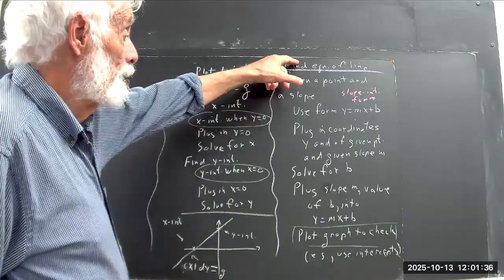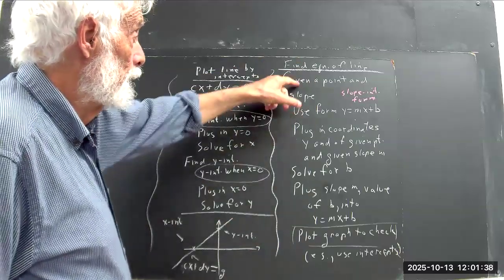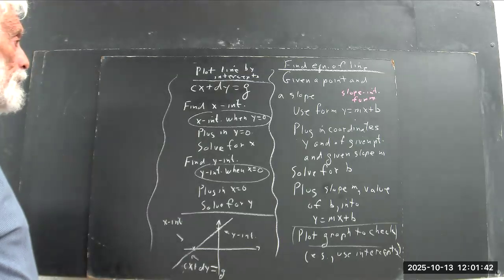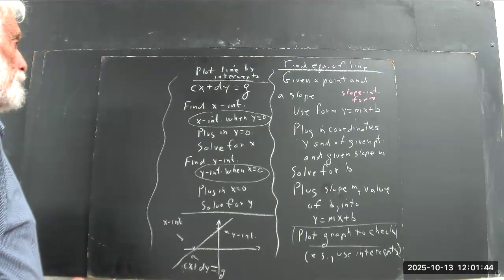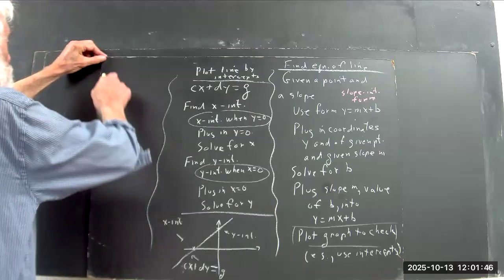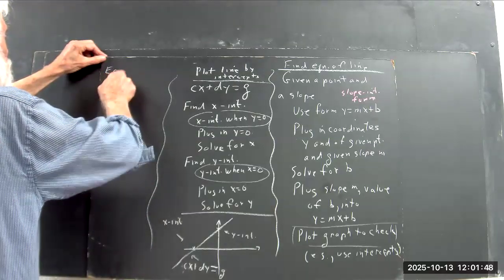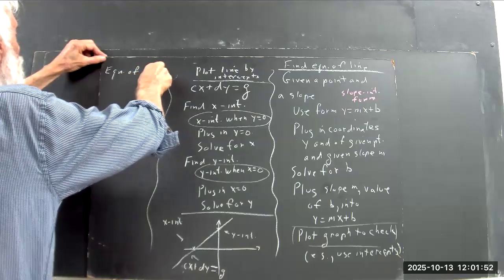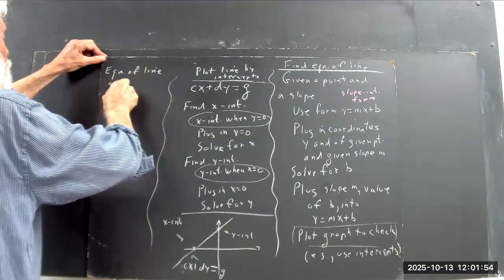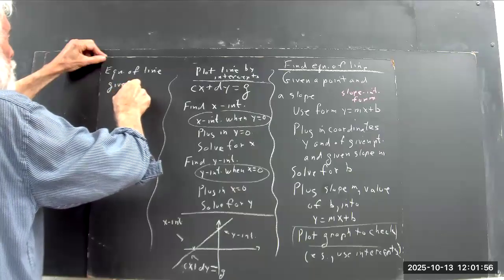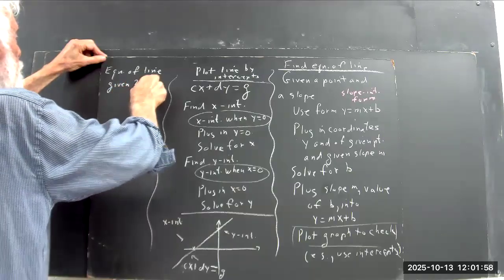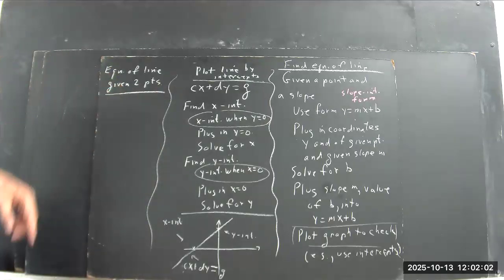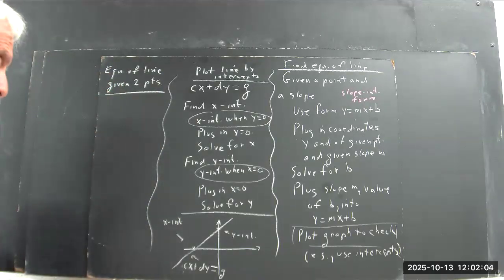Okay. Next, find the equation of a line given a point and slope. Then, the equation of a line given two points. That's the method I'm going to give you.